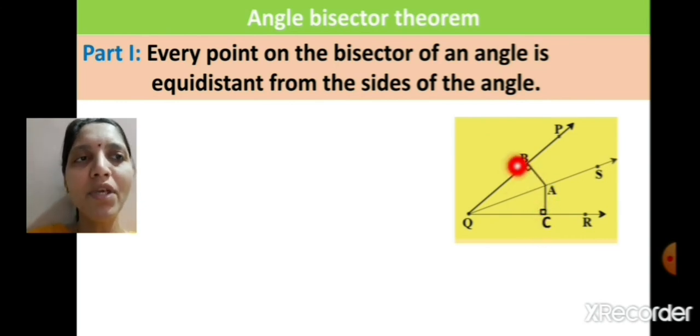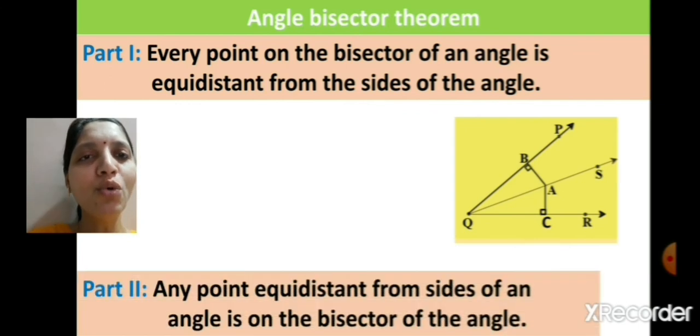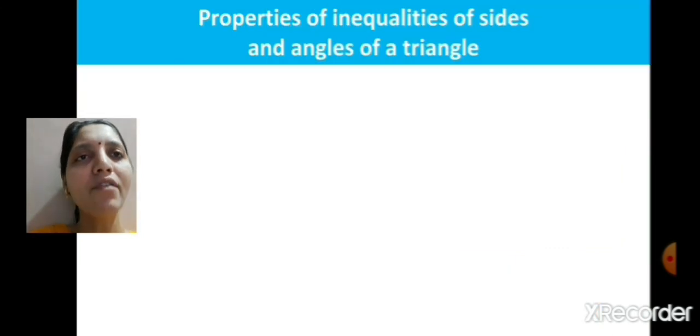Therefore, AB will be equal to AC. In part 2, any point equidistant from the sides of an angle is on the bisector of the angle. That means if you have AB equal to AC, we can say that point A lies on the bisector of angle PQR. Okay.